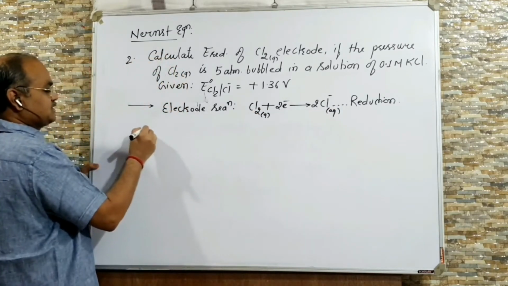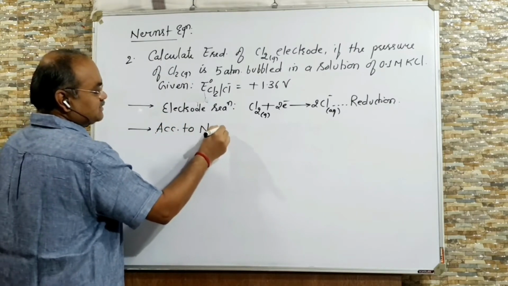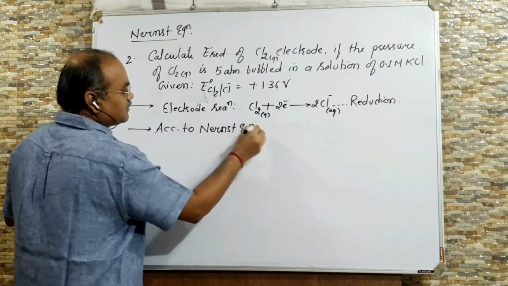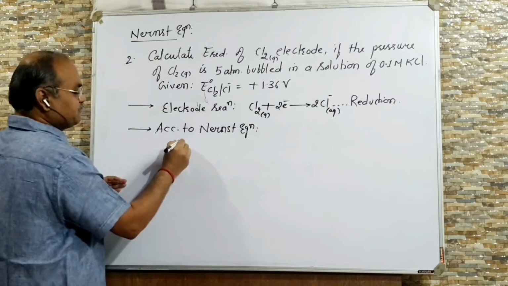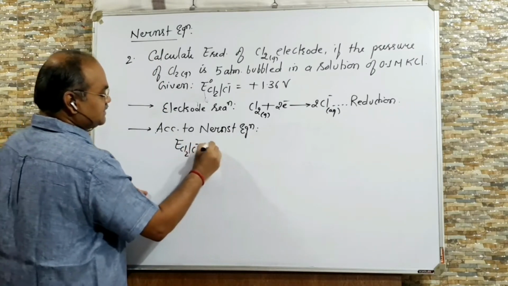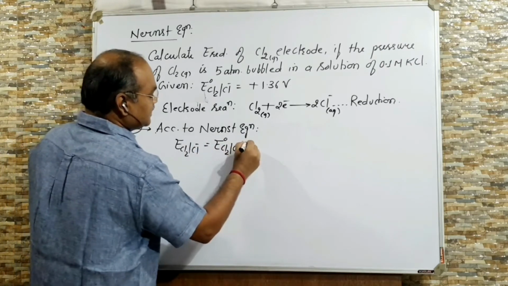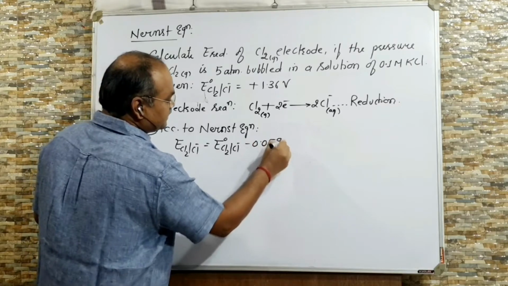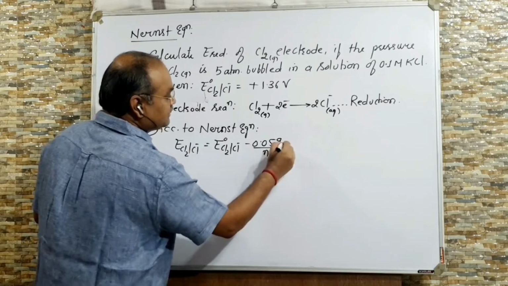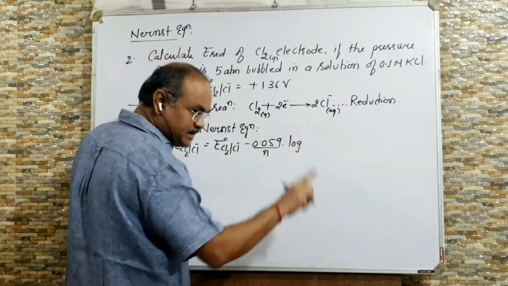Now, Nernst equation. According to Nernst equation, what is our Nernst equation? E Cl2/Cl minus is equal to E0 Cl2/Cl minus minus 0.059 by number of electron transfer. I will put it n first, into log of, actually it is product by reactant.